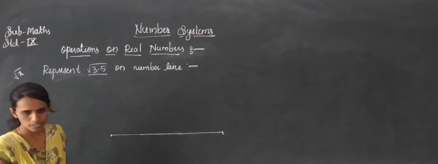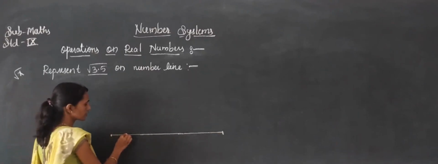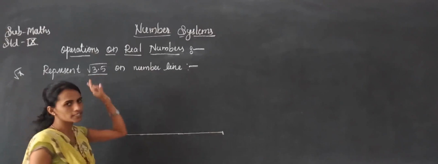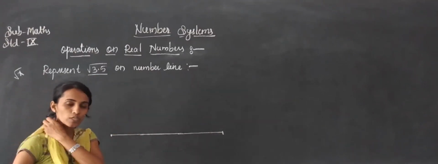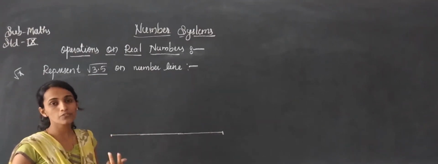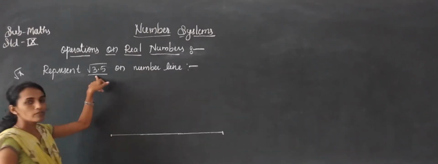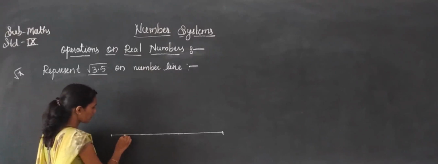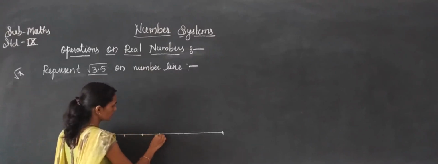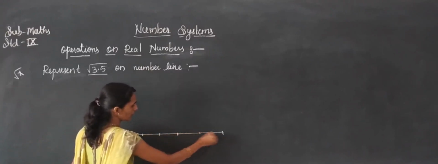So then what we have to take? If you are taking a unit, they have not given whether centimeter, meter, whatever the unit. If you want to take a centimeter, you can take a centimeter. If you want to take a meter, you can take a meter here. We have to represent 1, 2, 3, 4, 5, and so on.